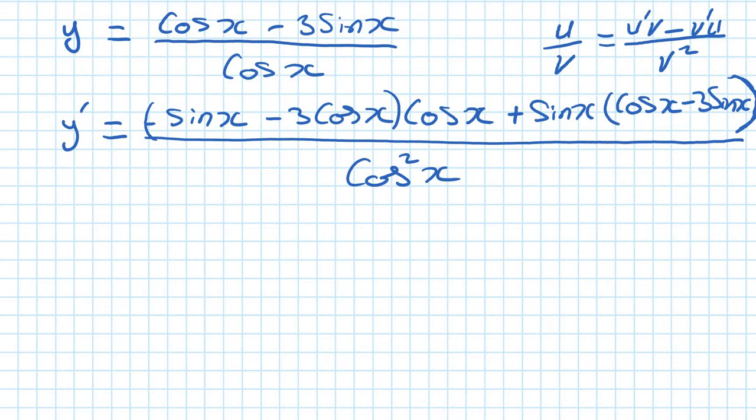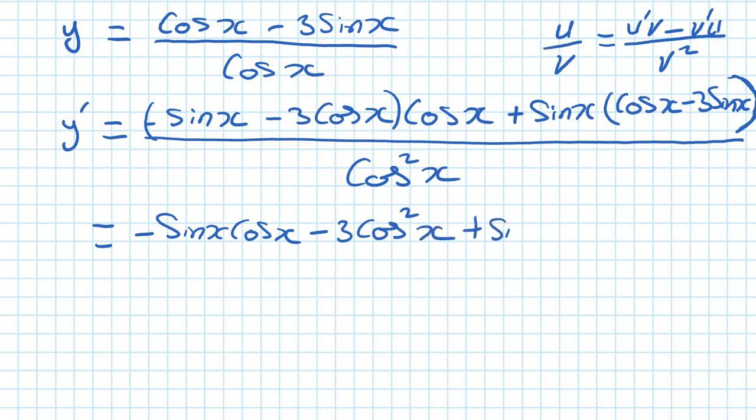Now I have to expand and simplify. That's the first thing you need to do after you differentiate. So cos x times minus sine x is minus sine x cos x. Cos x times minus 3 cos x is minus 3 cos square of x. And then sine x times cos x is add sine x cos x. And then sine x times minus 3 sine x is minus 3 sine square of x.